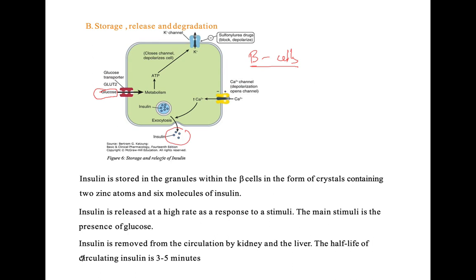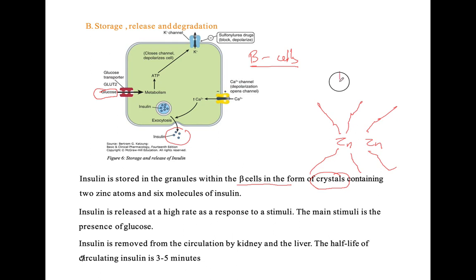All right. Now, when insulin is stored inside of the granules within the beta cells, it is stored as crystals, and inside of the beta cells you have zinc, okay, and for every 2 zinc atoms you have 1, 2, 3, 4, 5, 6 molecules of insulin.